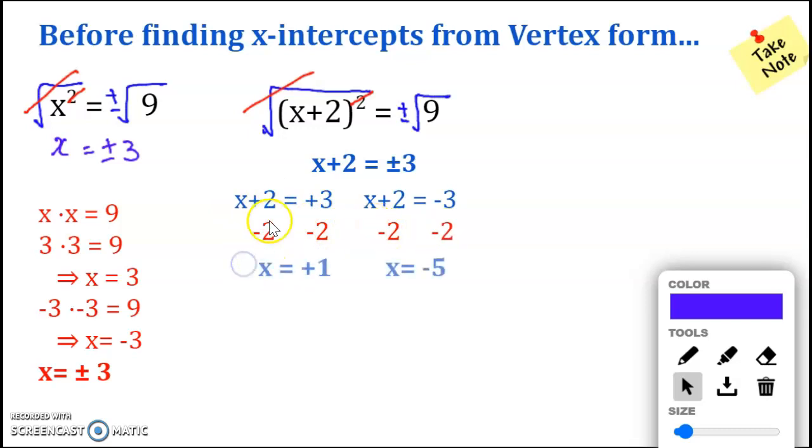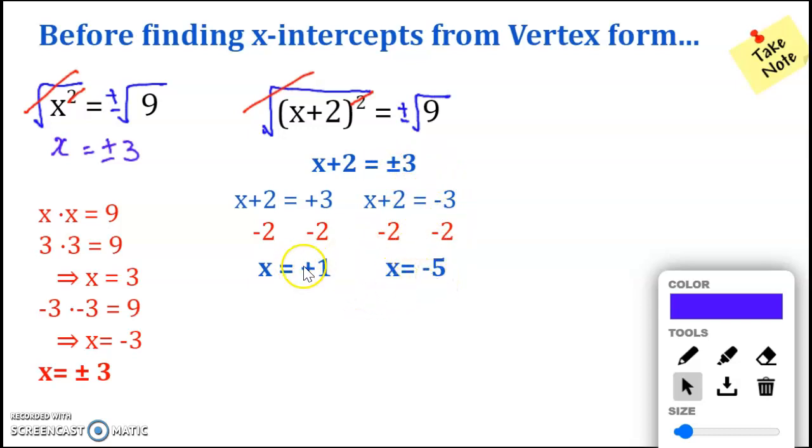And what do I get from here? From this branch, the 2 cancels out, and I have 3 minus 2 is positive 1. x is equal to positive 1. From this branch, I have negative 3 minus 2, so x is equal to negative 5.